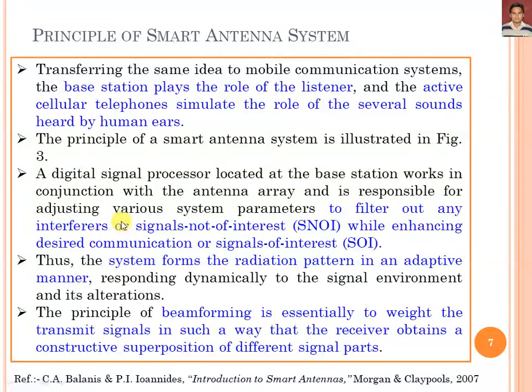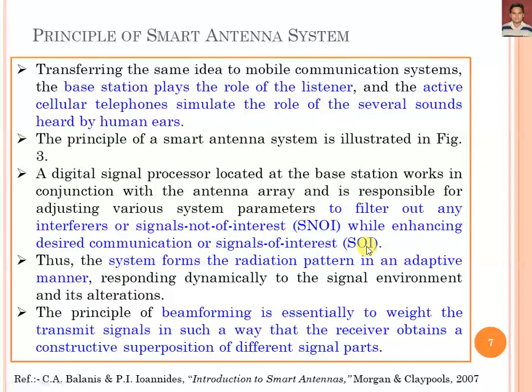A digital signal processor located at the base stations works in conjunction with the antenna array and is responsible for adjusting various system parameters to filter out any interference or signal not of interest while enhancing the desired communication or signal of interest.